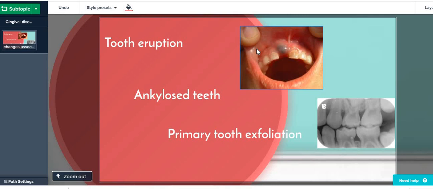While in case of primary tooth exfoliation, like tooth eruption, the process of tooth exfoliation involves change in the periodontium. The depth of the gingival sulcus increases as the junctional epithelium migrates down the resorbing root of the exfoliating tooth.